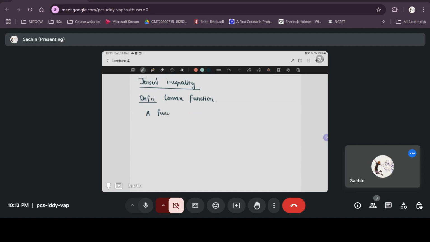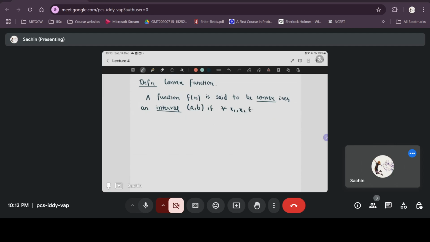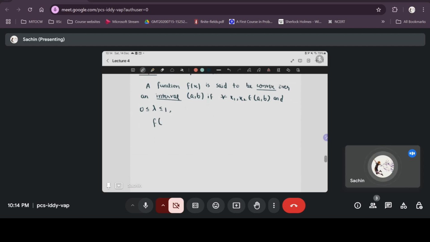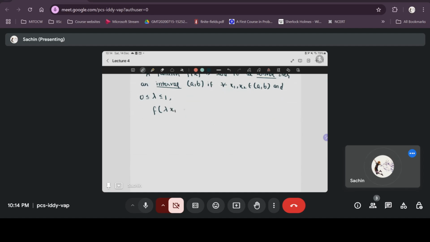A function f of x is said to be convex, and convexity is over an interval a comma b, if for all x1, x2 in the interval, for any 2 points in the interval, and for any number lambda which is between 0 and 1, including 0 and 1, the value of f evaluated at the point lambda x1 plus 1 minus lambda x2 is less than or equal to lambda f of x1 plus 1 minus lambda f of x2.